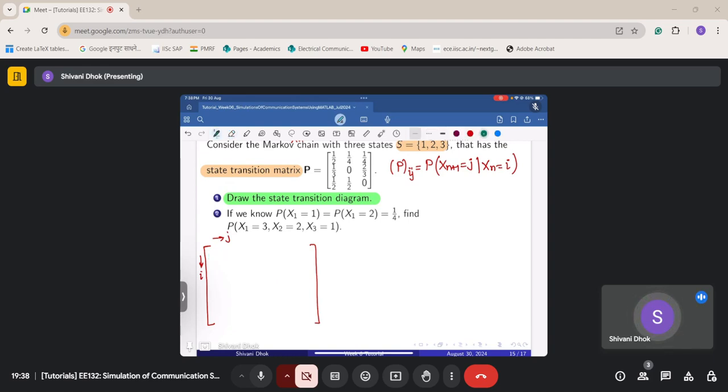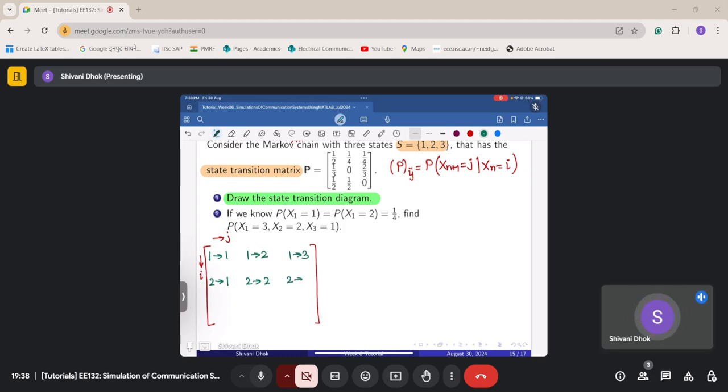So this is basically you are at state i, and you go to jth state, Pij. Then this is 1 to 1, this is 1 to 2 and this is 1 to 3. Yeah. Then here you are at state 2 and you go to state 1. Here you are at state 2, you go to state 2.